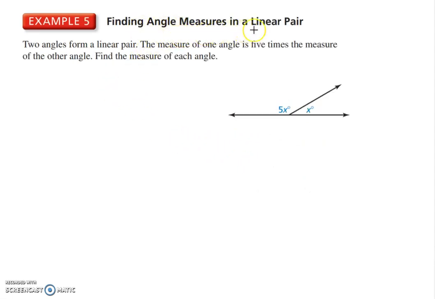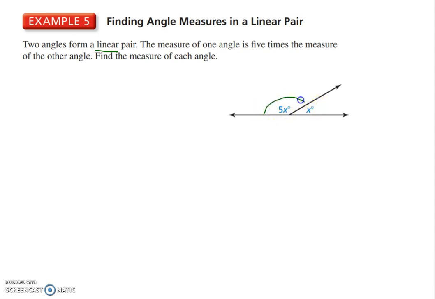All right, finding angle measures in a linear pair. Two angles form a linear pair. The measure of one angle is 5 times the measure of the other. Find the measure of each angle. Tip 1, always draw yourself a little image. That way you can imagine it, rather than just having this text. Draw a linear pair. So start with a straight line, and then draw one that's a lot bigger than the other, 5x and x.